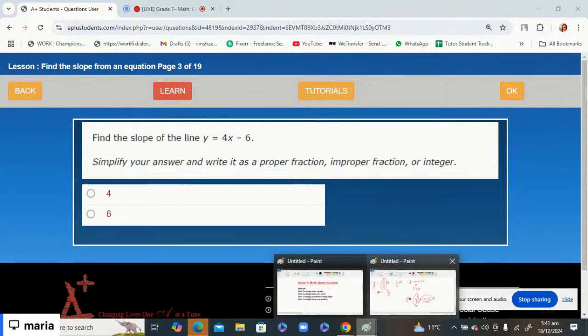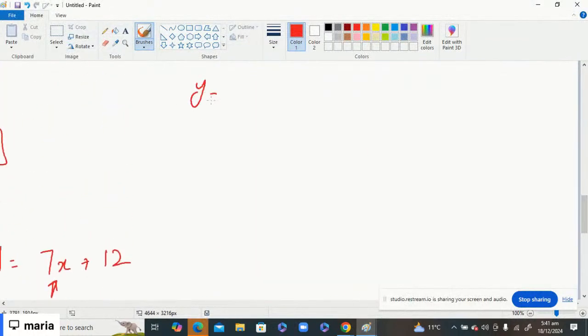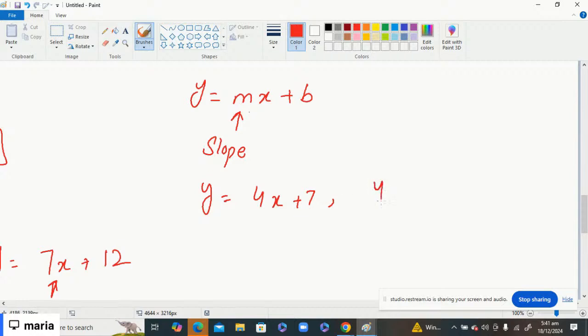Like here, when we see the formula, y is equals to mx plus b, so this m, any number that is multiplied with the x, you can say that this is your slope. Okay, for example the number in the form of 4x plus 7, or in the form of 1 by 3x minus 2, or in the form of only 2 by 3x.